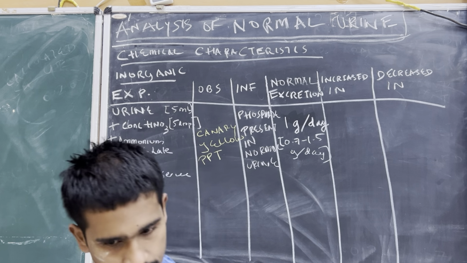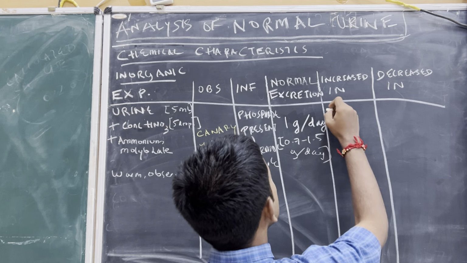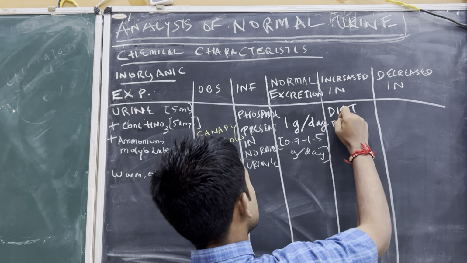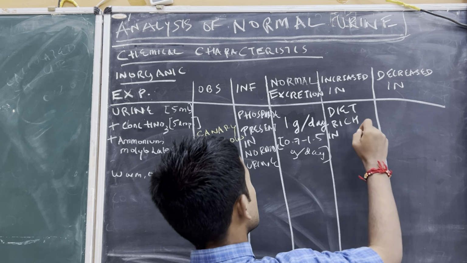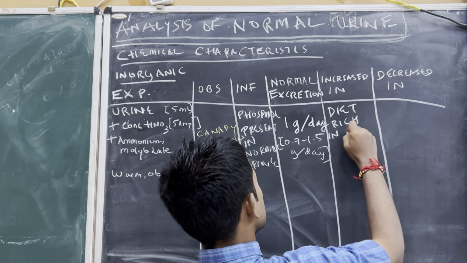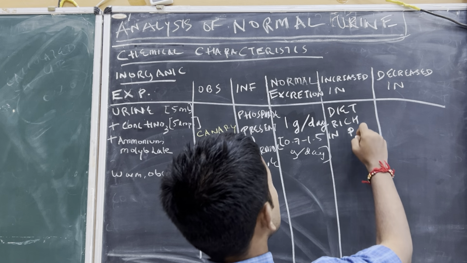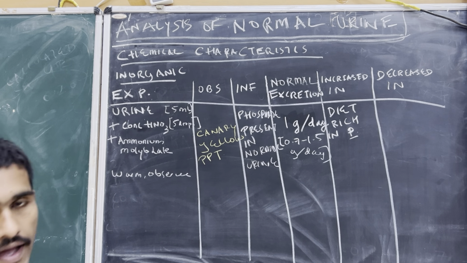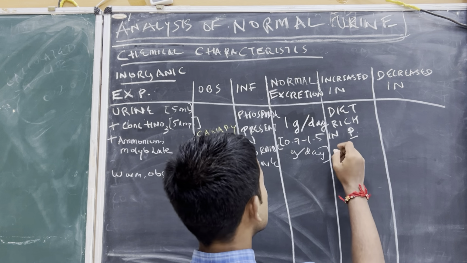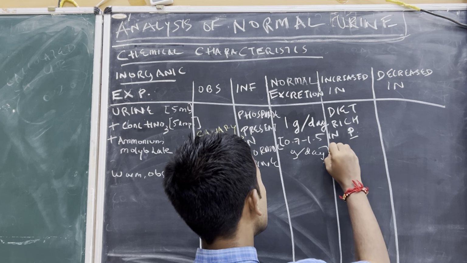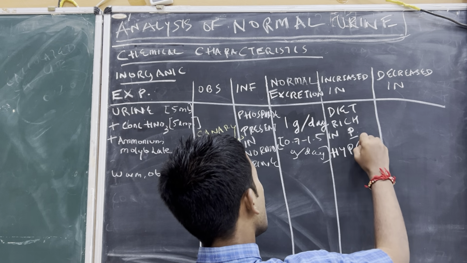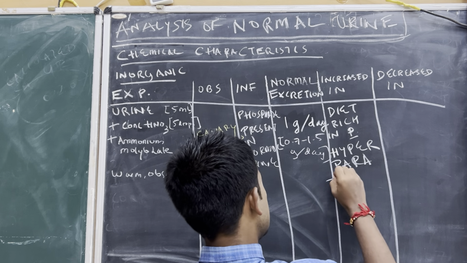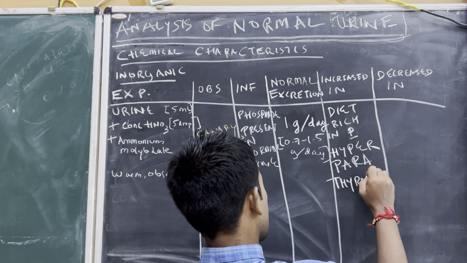So increased in, first of all, diet rich in phosphorus. P stands for phosphorus. And also increased in hyperparathyroidism.